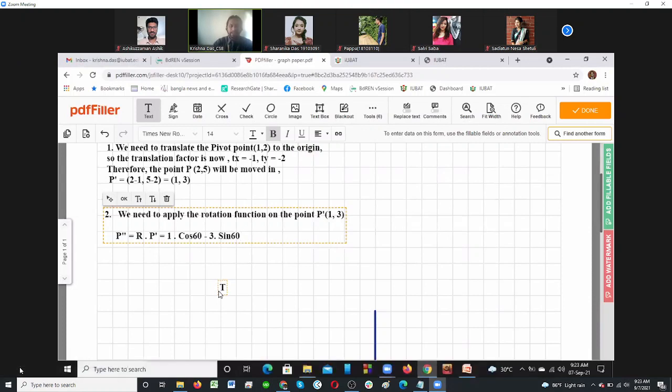This is for the x coordinate, right? Now for the y coordinate, we get x sine theta plus y cos theta, right? So 1 into sine 60, and plus y is 3 into cos 60.